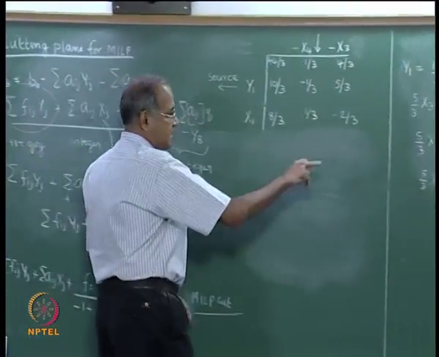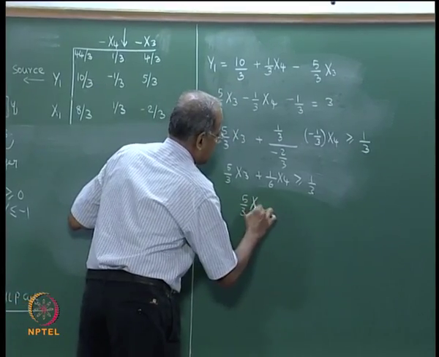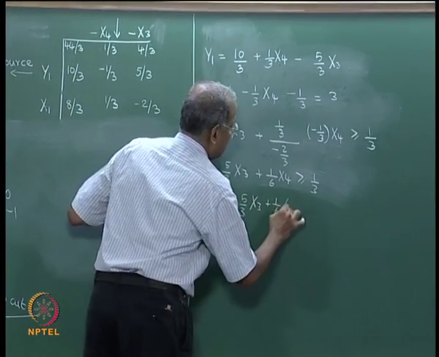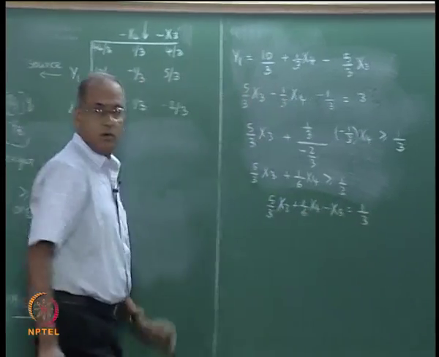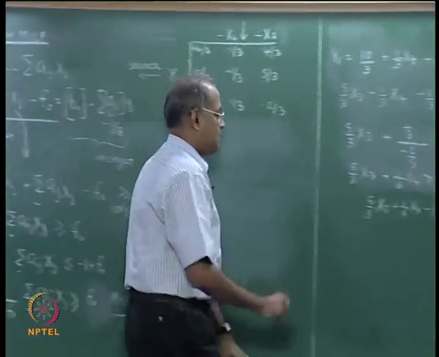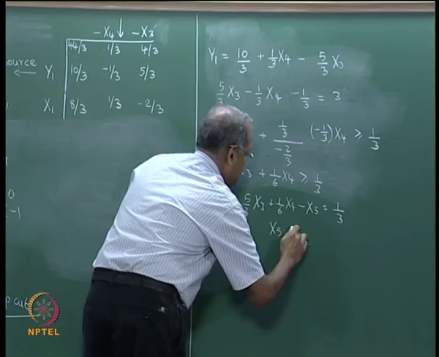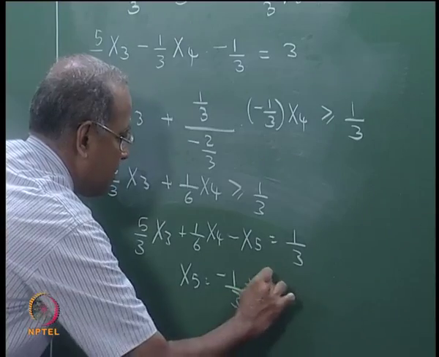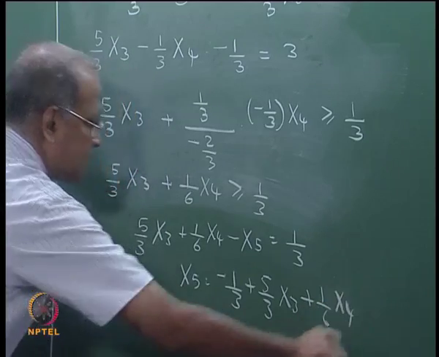So, now we rewrite this, we add a surplus variable x5. So, 5 by 3 x3 plus 1 by 6 x4 minus x5 is equal to 1 by 3, from which x5 is equal to, take this to the other side, minus 1 by 3 plus 5 by 3 x3 plus 1 by 6 x4.